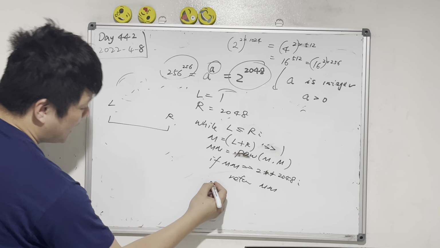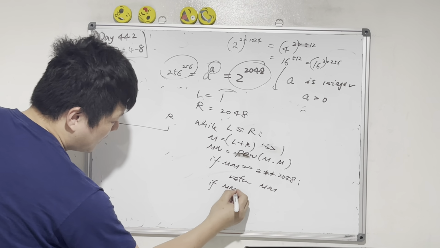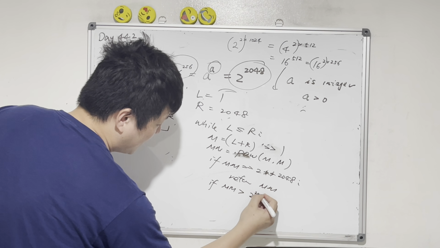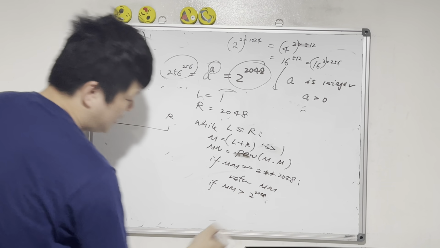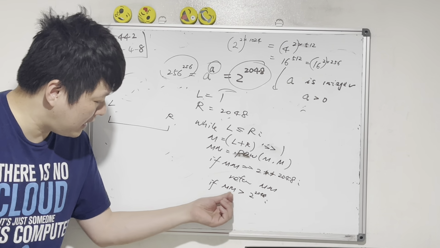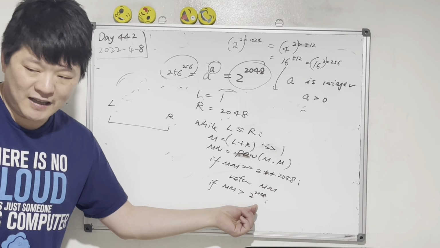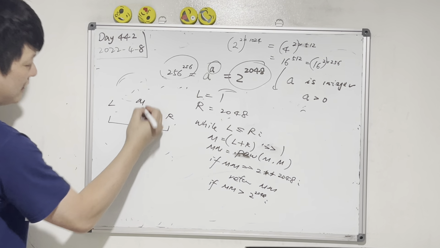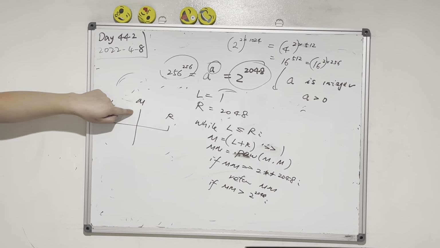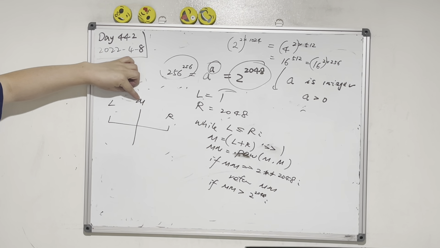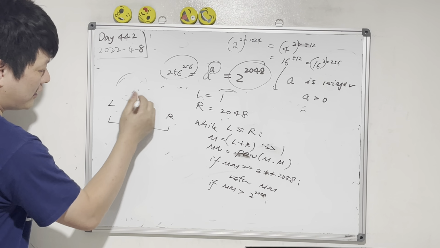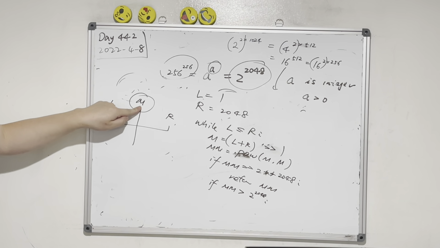Now you tell me: if this m to the power of m is bigger than 2 to the power of 2048, what does it mean? Look, this is the middle. We are guessing this m now.